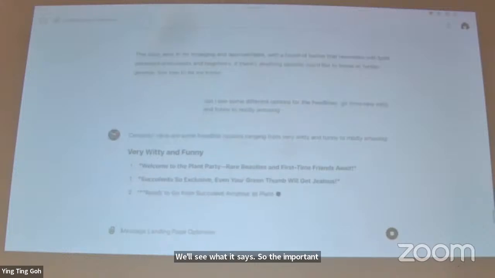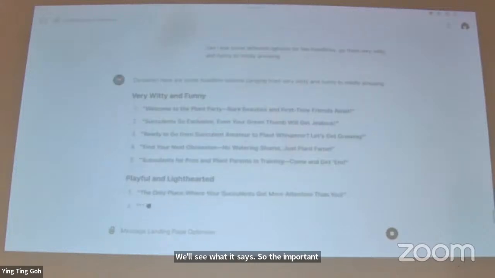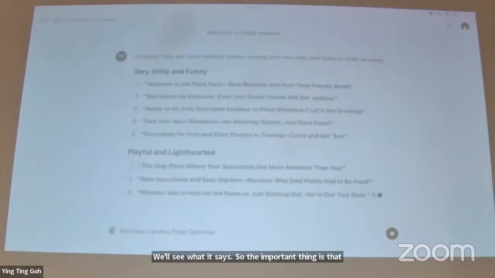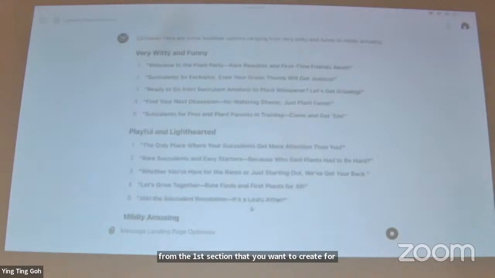We'll see what it says. The important thing is to start from the first section that you want to create copy for, and nail down the tone before you go ahead and create the copy for the next things. Ideally, you want to ask it to give you options so you can look at it and decide what you like or what you don't want to see.